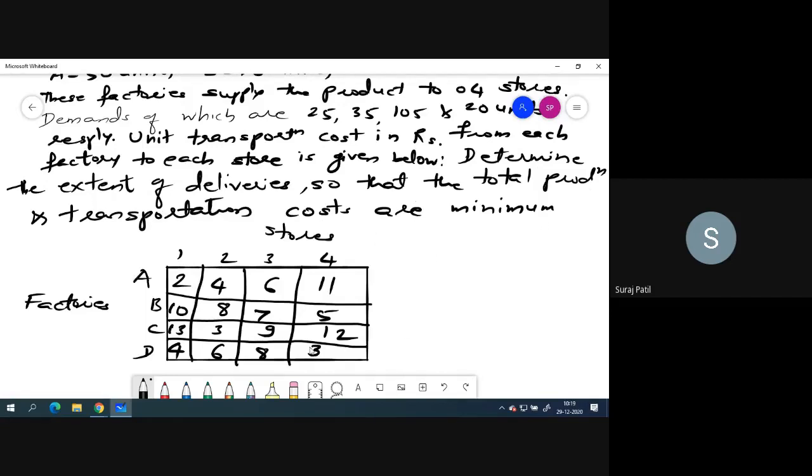If you see the given table, it is only the transportation cost. So we need to add the production cost to each of these cells depending upon the factories.